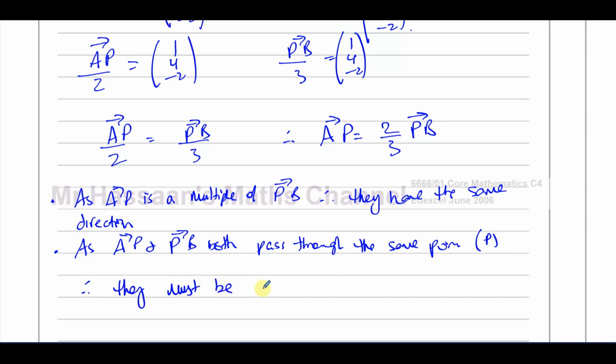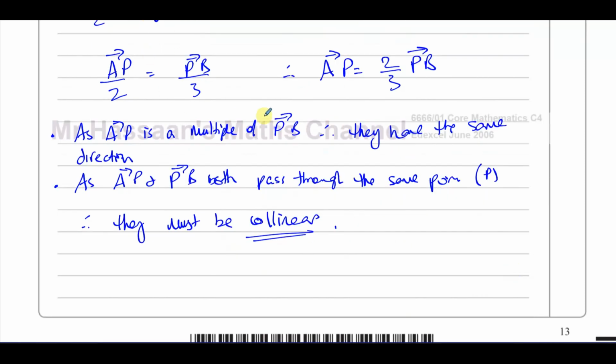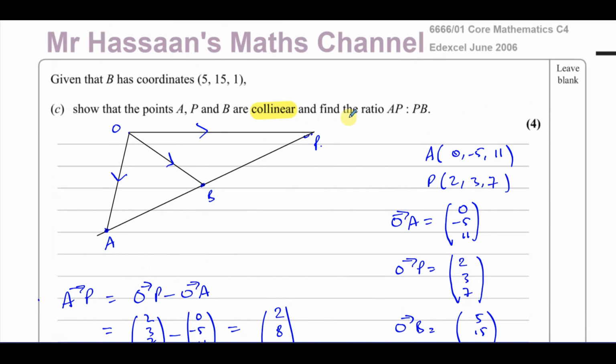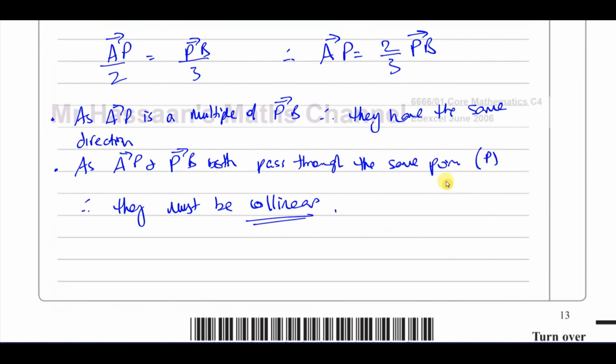They must be on the same straight line. So that is the proof to show that they are collinear. You have to state, as it says here, you have to find the ratio of A to P to P to B.